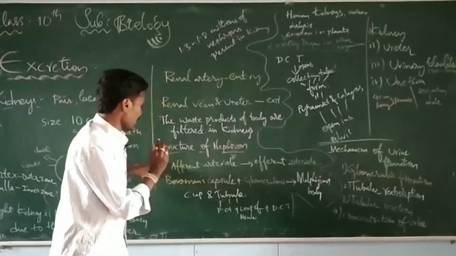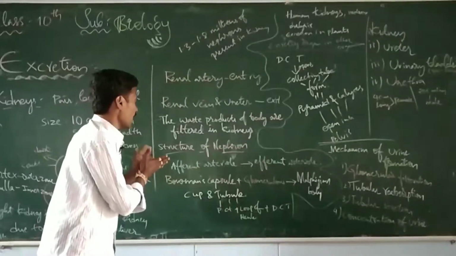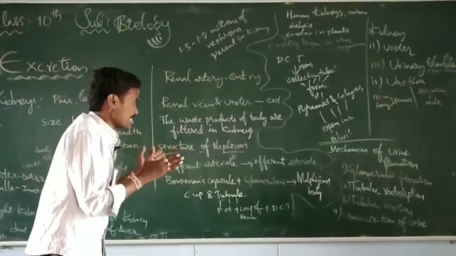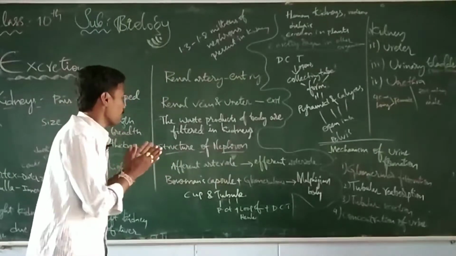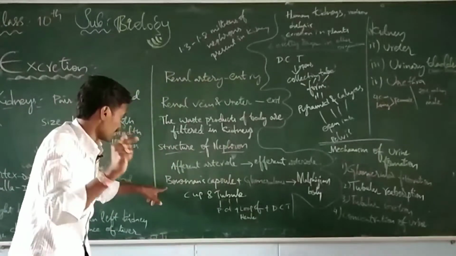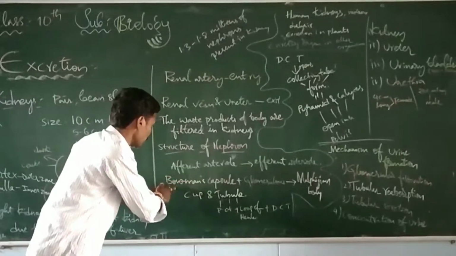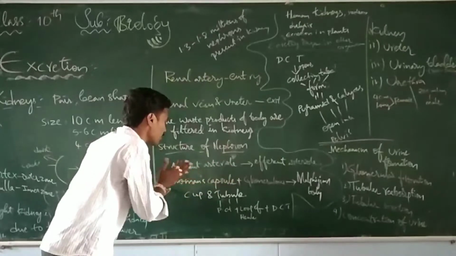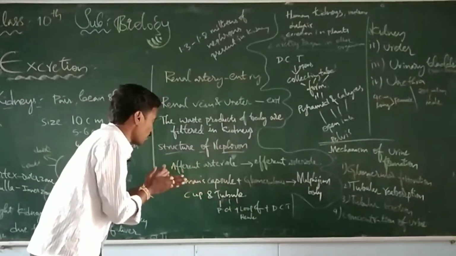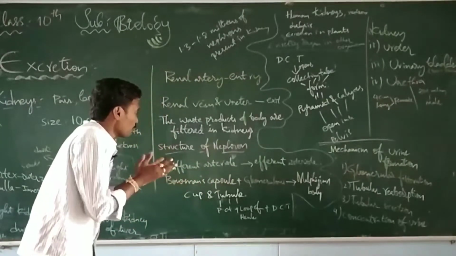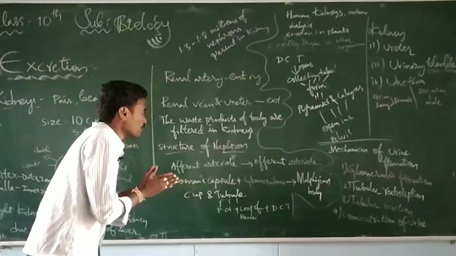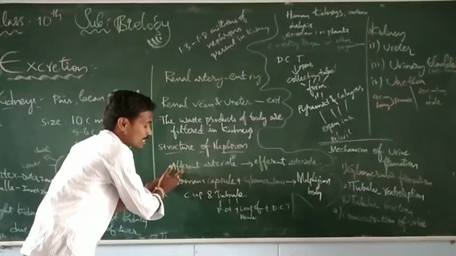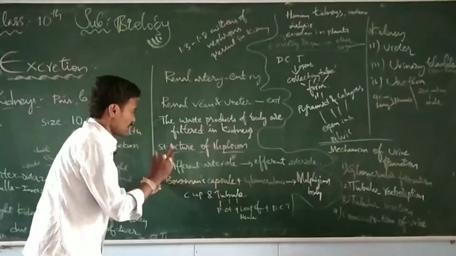Here we have to observe how the afferent arteriole changes inside the Bowman's capsule. The afferent arteriole divides and redivides inside the Bowman's capsule and forms a bunch of blood capillaries, which is called the glomerulus.